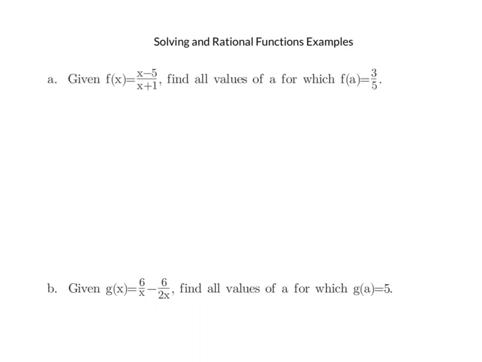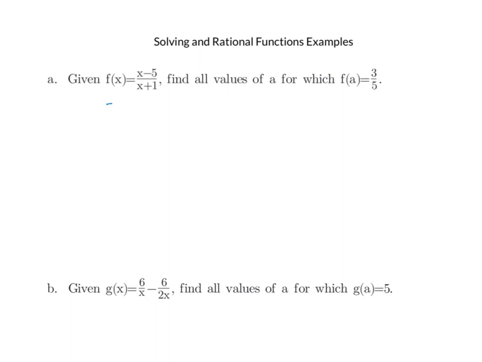We looked at this when we talked about the polynomial functions. We're going to do kind of the same thing here. So what I want to do is replace x. I'm replacing x with A, and I want to set the whole thing equal to 3/5. So this is what it's going to look like.